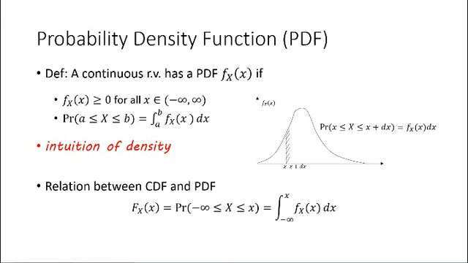Firstly, we can see that the CDF describes the probability that X lies between minus infinity and small x, which by definition of PDF equals the integral of the PDF f_X over the interval that X lies in. Then the PDF equals the derivative of the CDF with respect to x.